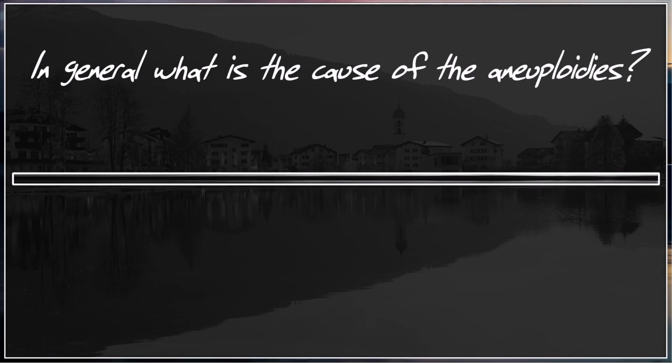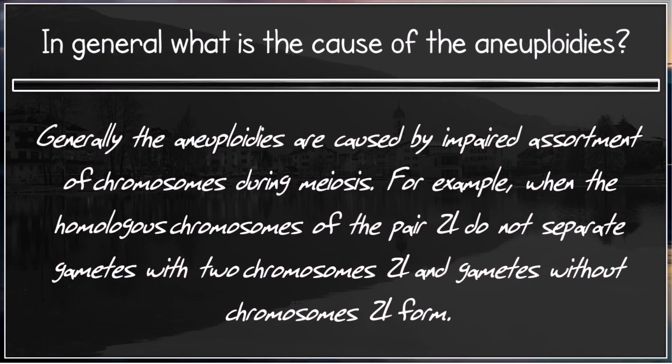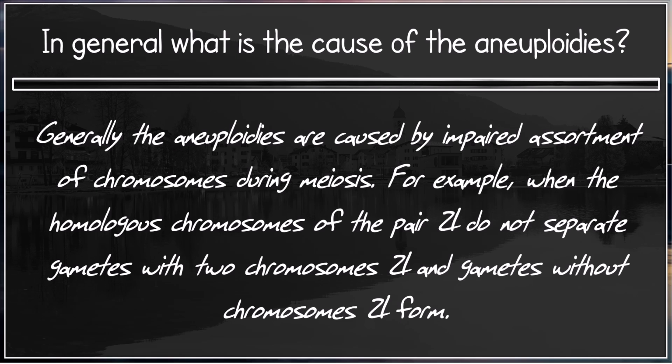In general, what is the cause of aneuploidy? Generally, aneuploidies are caused by impaired assortment of chromosomes during meiosis.